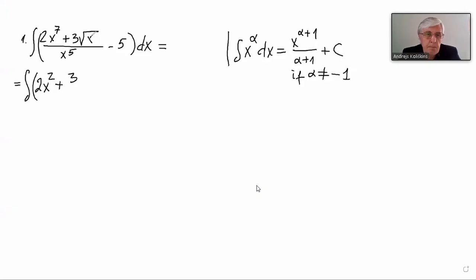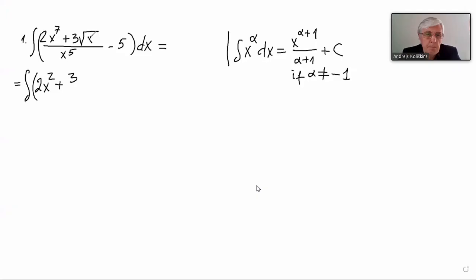And then what we do next, we rewrite this integral as an algebraic sum of three integrals. One is of 2x squared, then the second one is 3. And now we use the properties of exponents. So recall that if you have x to the power m divided by x to the power n, this is equal to x to the power m minus n, right?